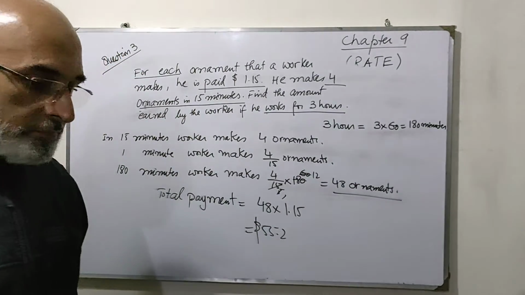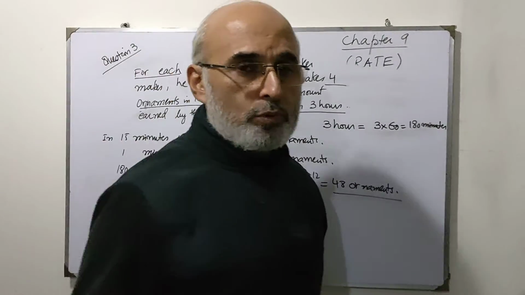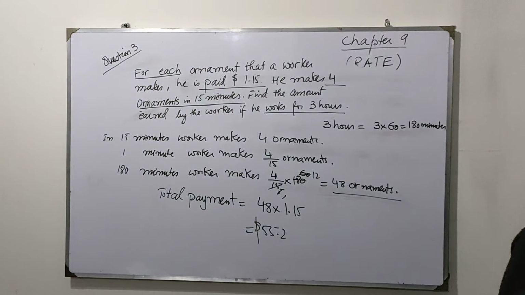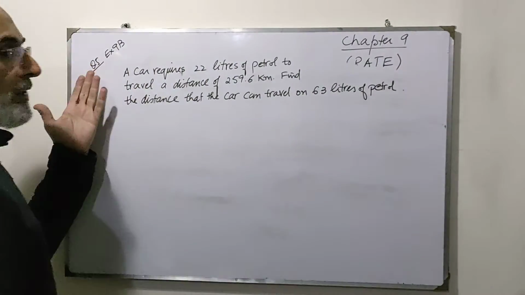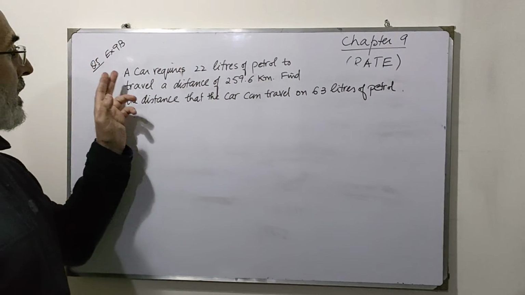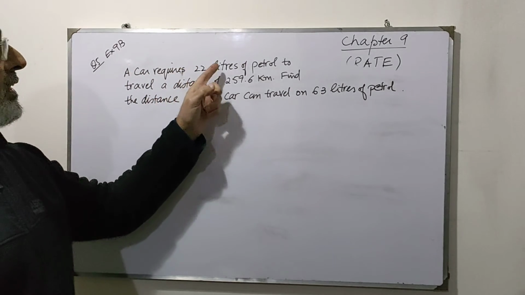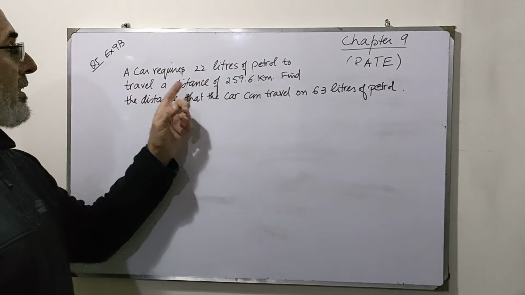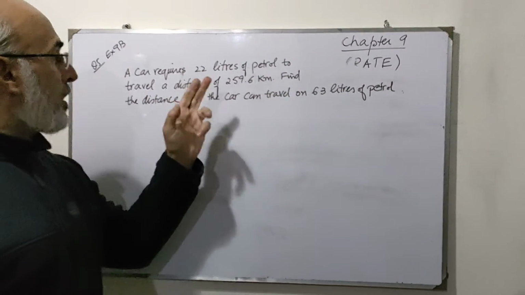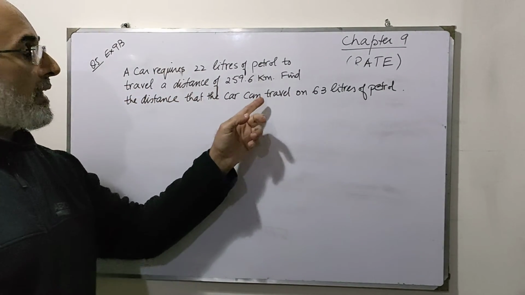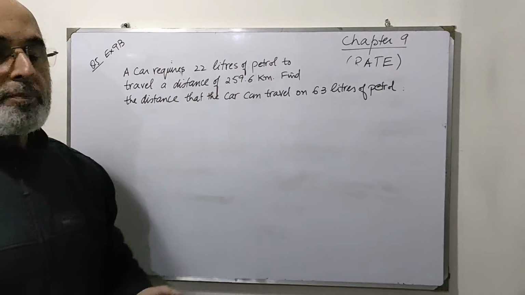Let's take another question from the 9B to get some more idea of the rate. Okay, now the question number 5 from the exercise 9B. A car requires 22 liters of petrol to travel a distance of 259.6 kilometers. Find the distance that the car can travel on 63 liters of petrol.